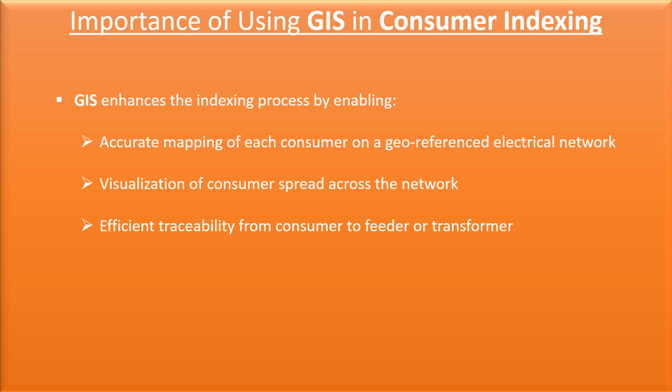Similarly, down from the transformer, the consumers are connected, with their geographical locations. Integration with enterprise systems for real-time analytics, even asset management and outage management systems, integrating the consumer location and details.